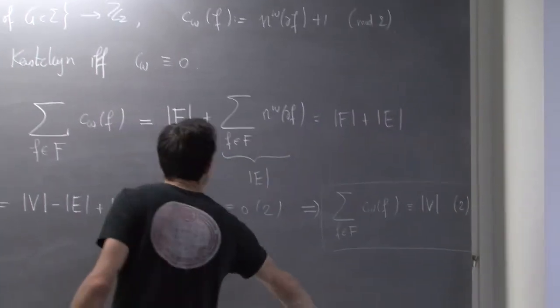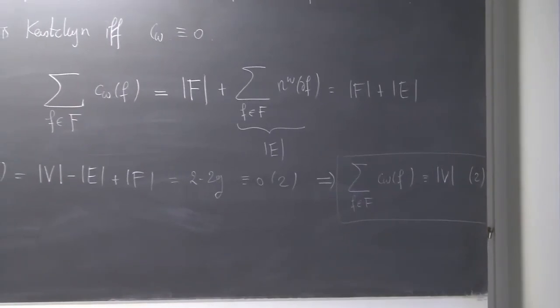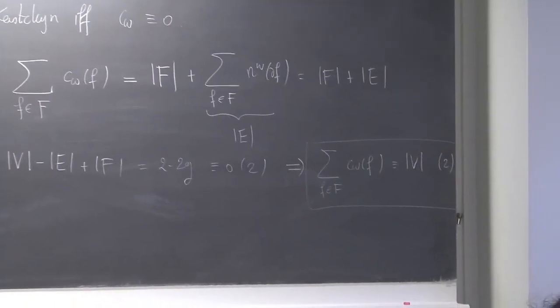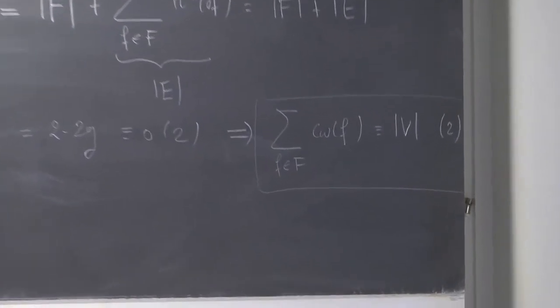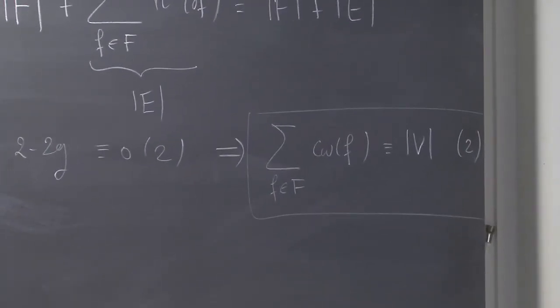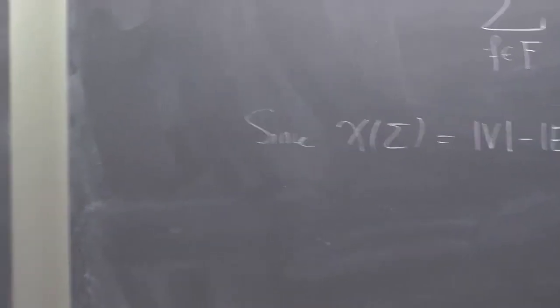And now we're basically done. So I want to show that there is a Castellan orientation if and only if the number of vertices is even.